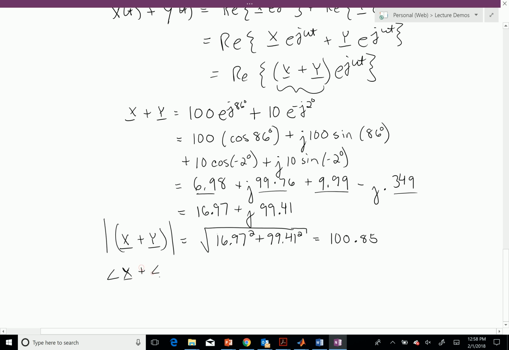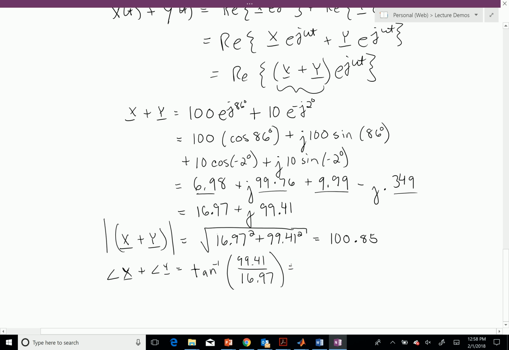And the angle of x plus y is the arctan of the imaginary part, 99.41, divided by the real part, 16.97.